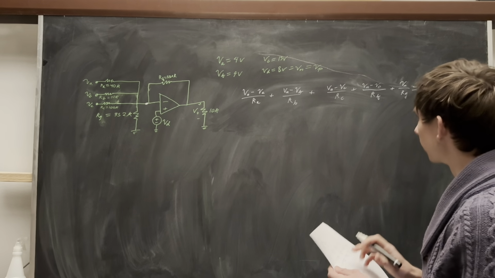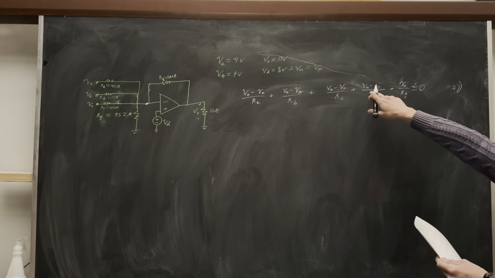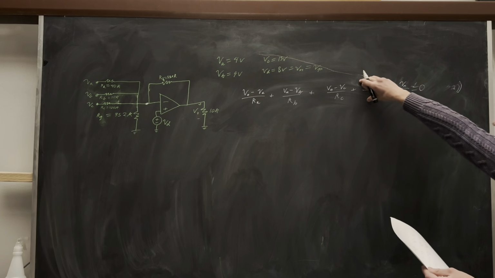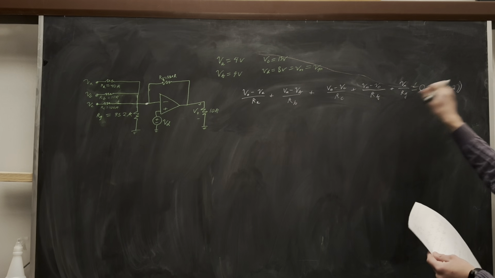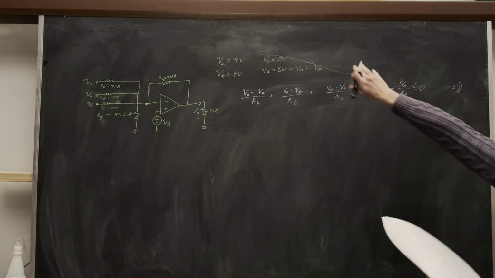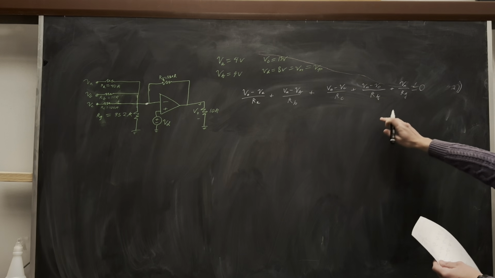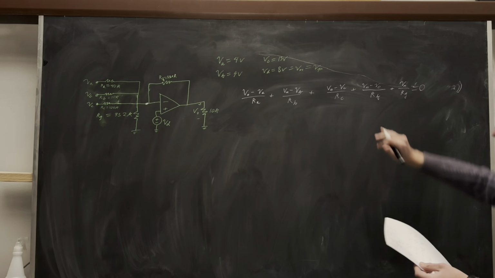I skip a couple steps here, but you can see we can pretty easily solve for V out, right? We just subtract this term from both sides. It moves over to this side. We multiply what's left on this side by RF, and then add Vn to it.